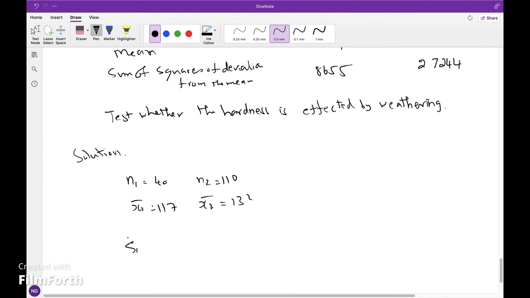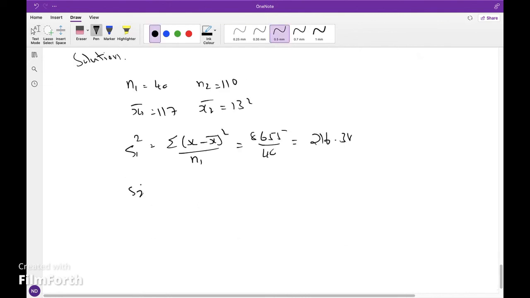But the sum of squares is given: s1 squared equal to summation of x minus x bar the whole squared divided by n1, that is 8655 by 40, that is 216.38. Then s2 squared, sum of squares is 27244 by 110, use calculator, 247.73.